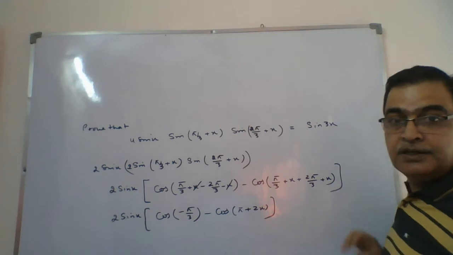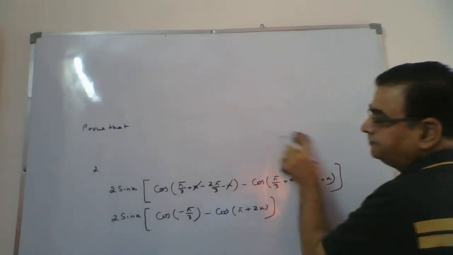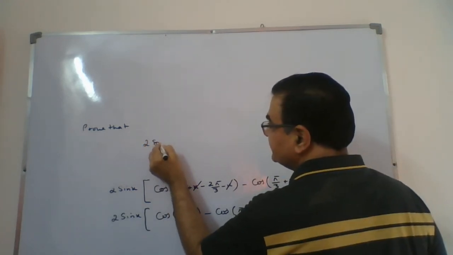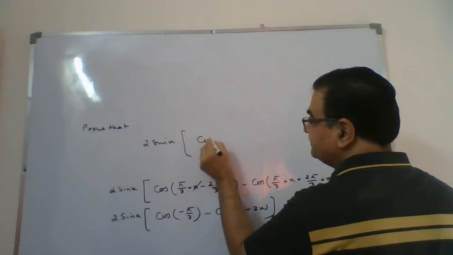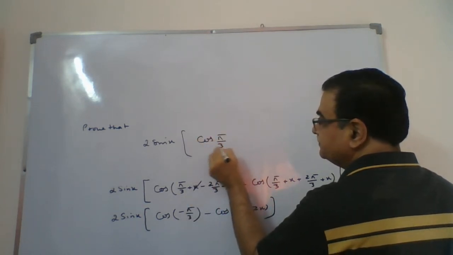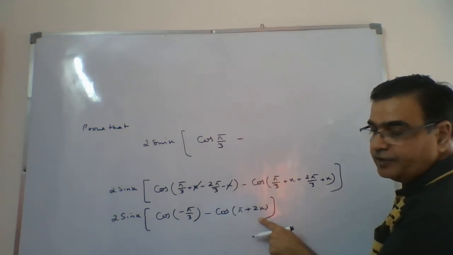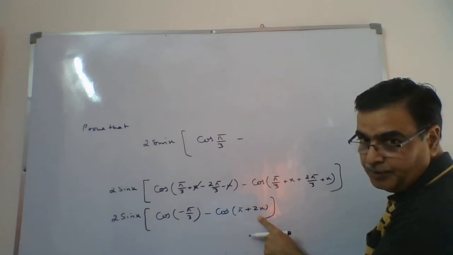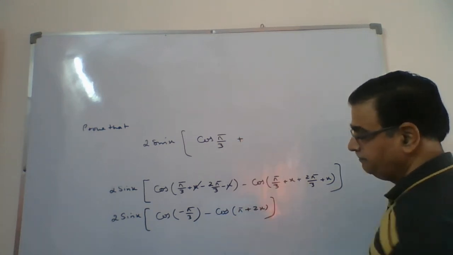Is this clear? After this, we solve it further. It comes out to be 2 sin x, then cos π/3 minus cos of (180° + θ). In the third quadrant cos will be minus, so I'll take it minus here, and it will become plus.